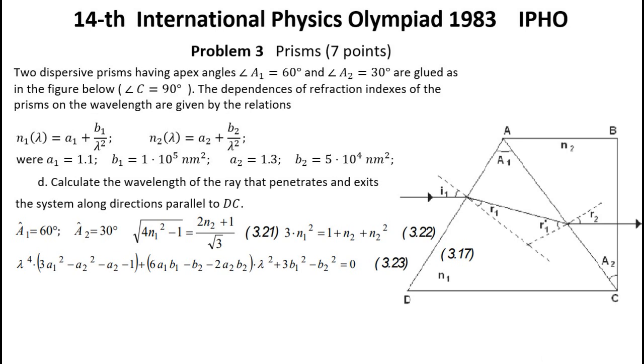Considering the numeric values for n1 and n2 and carrying out all the calculations, it results in quadratic equation 3.23 in lambda squared. Solving it, one determines the wavelength lambda of the ray that enters the prism system with a direction parallel to DC and emerges from the prism system again parallel to DC. That is, lambda equals about 1.2 micrometers. This represents the answer to question D.